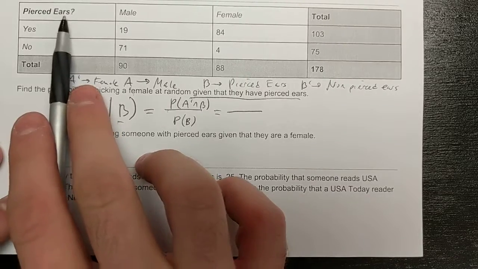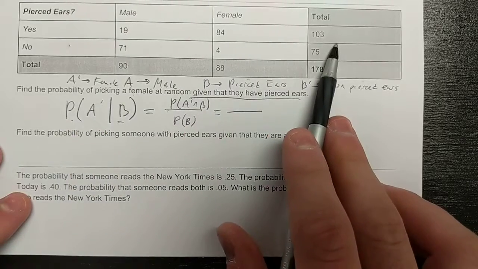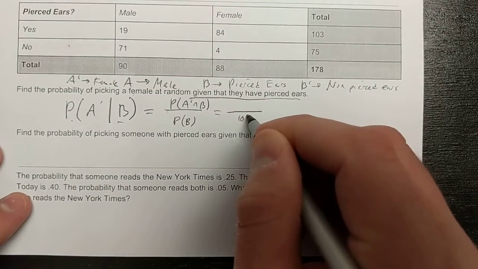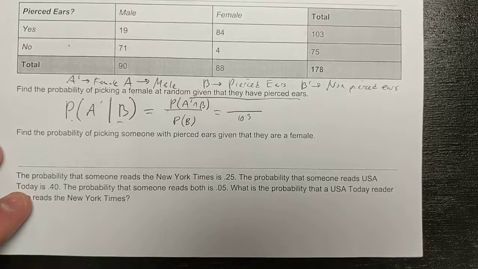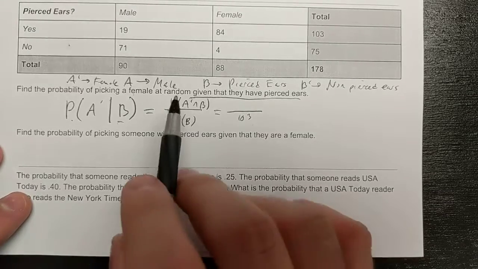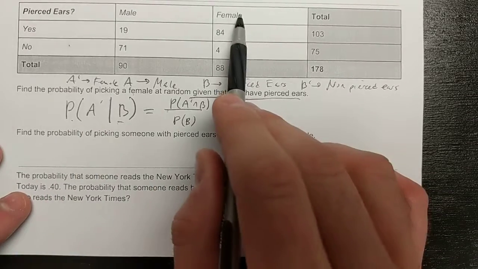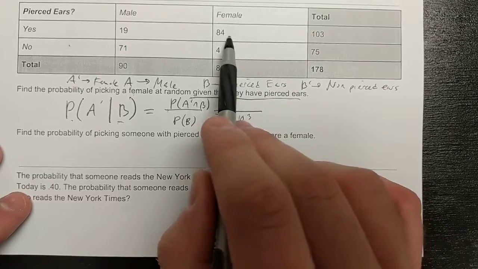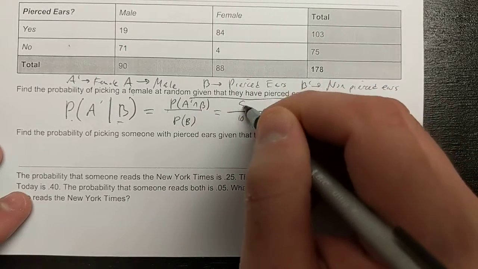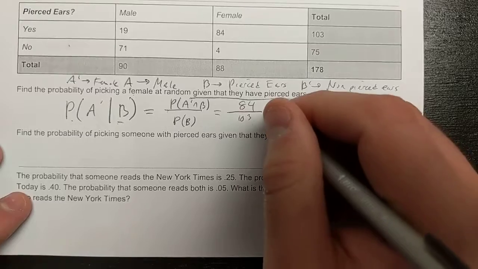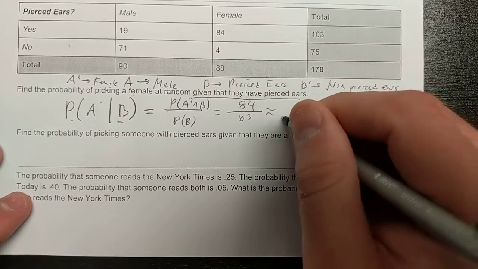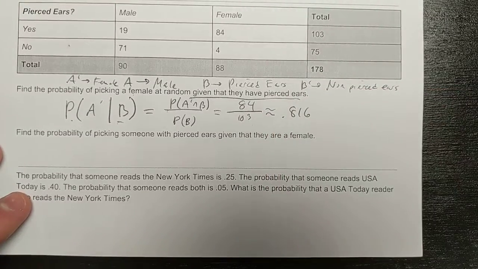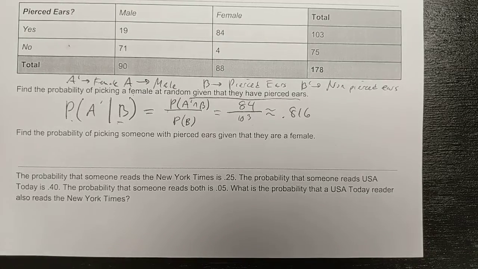So pierced ears, yes, it's going to be 103 out of 178, but we don't need to write the denominator in the fraction. And then female and pierced, where they intersect, is 84. So 84 out of 103 is your conditional probability, or 0.816, or 81.6%, however you want to state it.